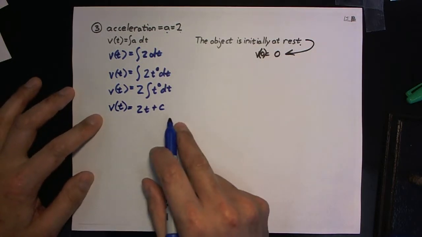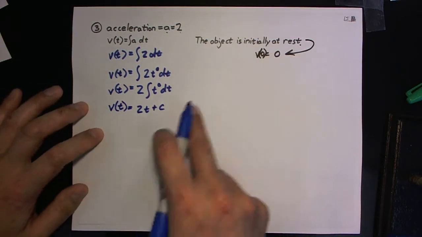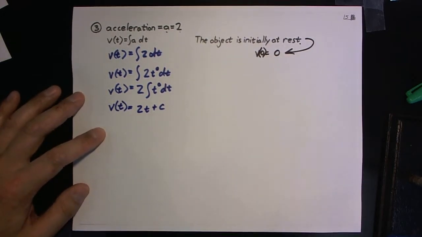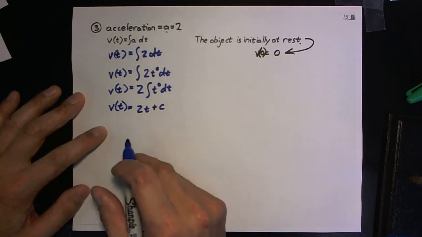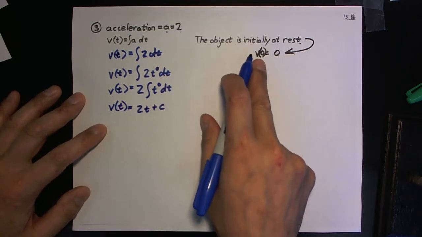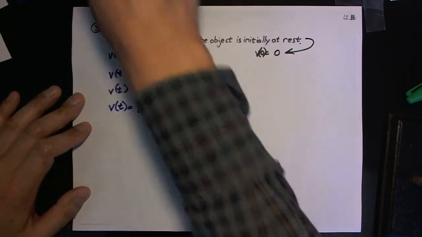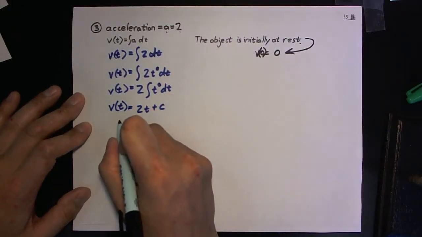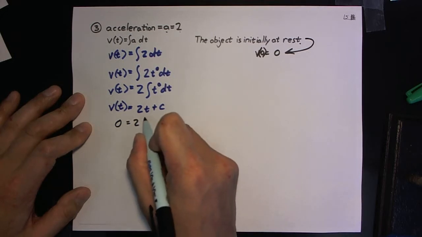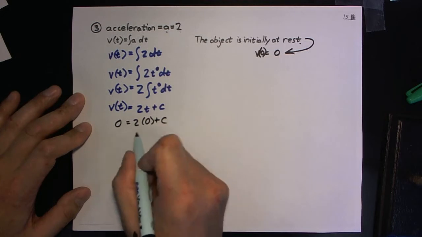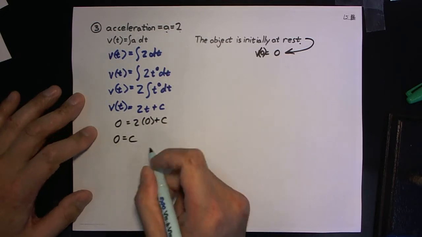Okay, so we got our general solution, but that's not good enough. We can get a specific solution here. So v of 0 equals 0, so that means that we have the coordinates x equals 0, y equals 0. Let's switch colors here. So we get 0 equals 2 times 0 plus c, and since this whole thing becomes 0, that means that 0 equals c.